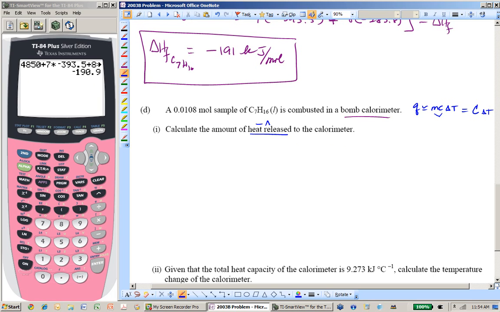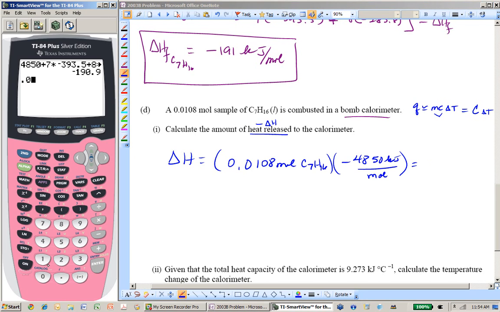So, given the total heat capacity, calculate the amount of heat released. So better have a negative sign on that delta H when you're done. The heat released then is going to be the fact that delta H is equal to how many moles we had, 0.0108 moles of C7H16 times the negative 4850 kilojoules per mole they gave us as the heat of combustion for this stuff.